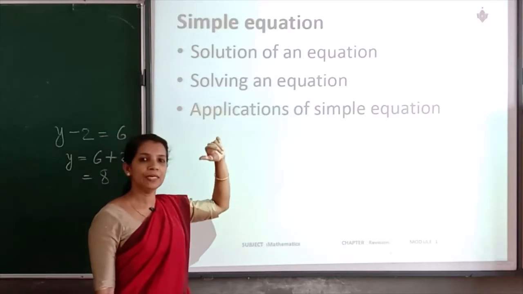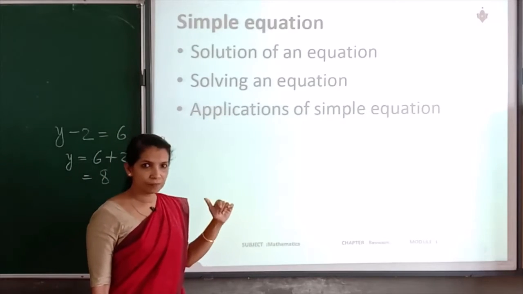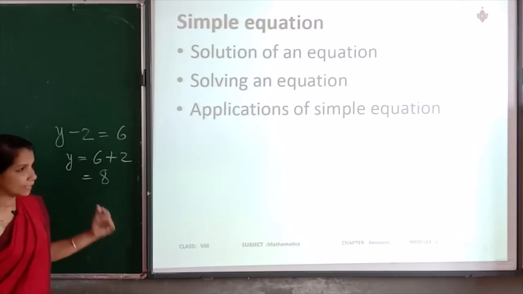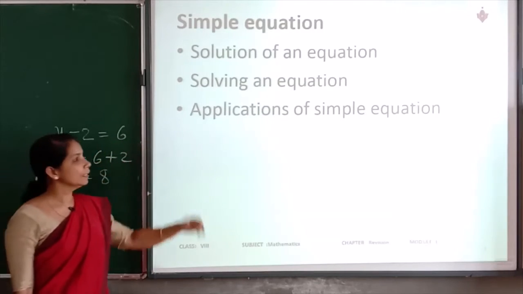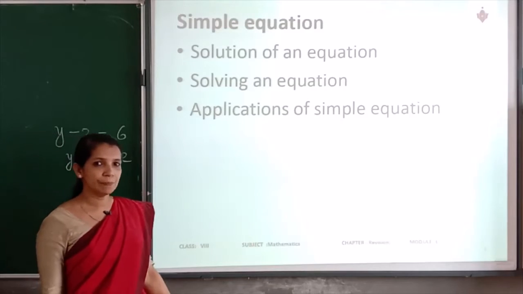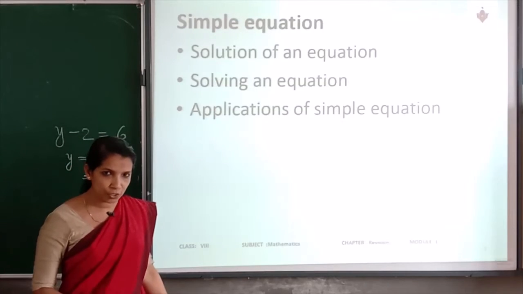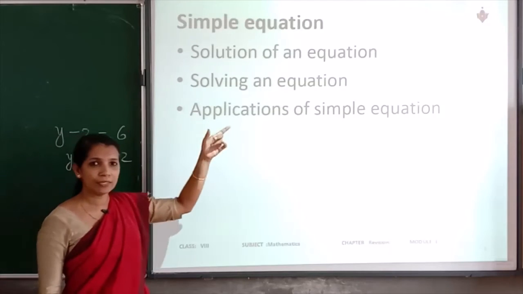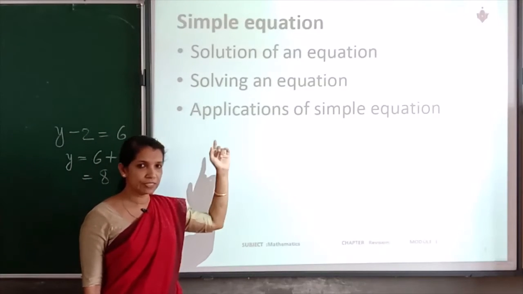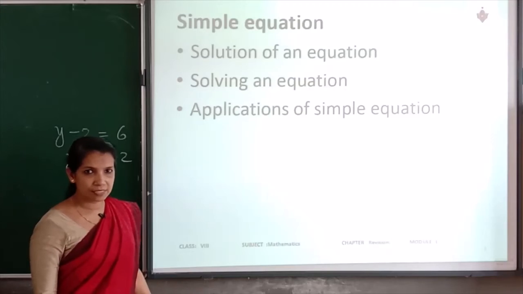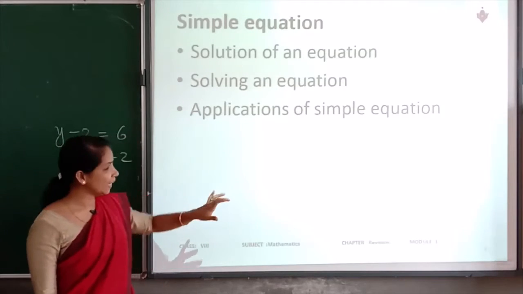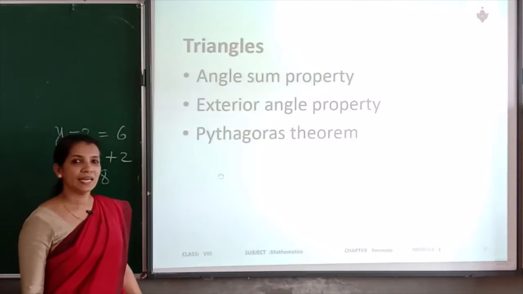Solving an equation means the method of finding the solution of an equation. And you have learned many applications of simple equations. In class 8 also, you will learn the different types of equations, and many applications are there in class 8. So let's move on to the next topic, triangles.